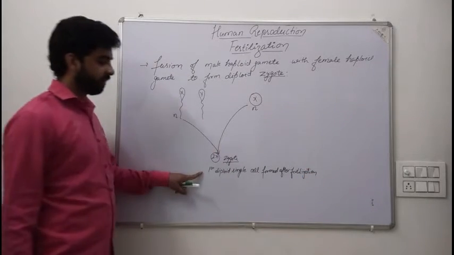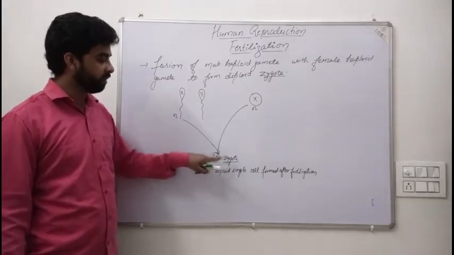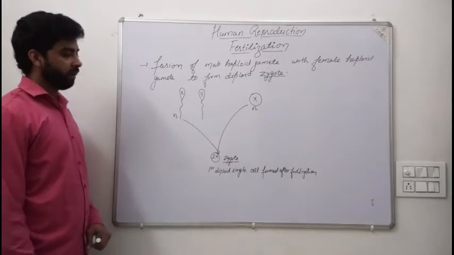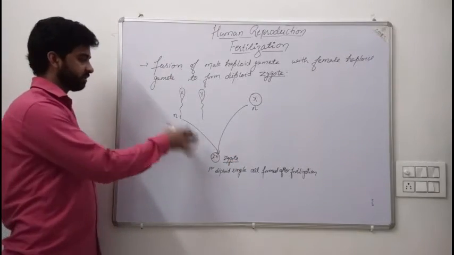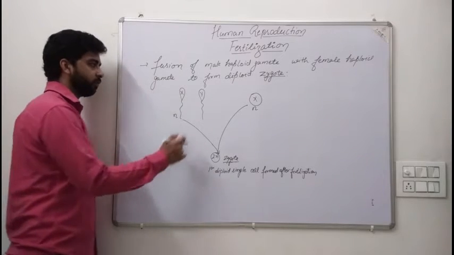Means just after fertilization, the first single cell diploid cell formed is called zygote. Now what will happen here? That's a zygote, the process in which zygote forms.